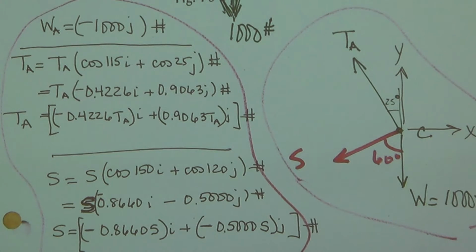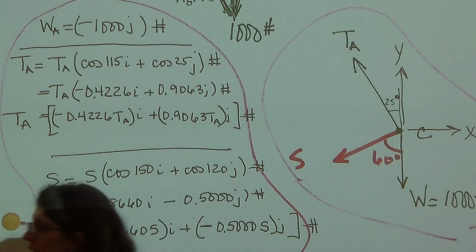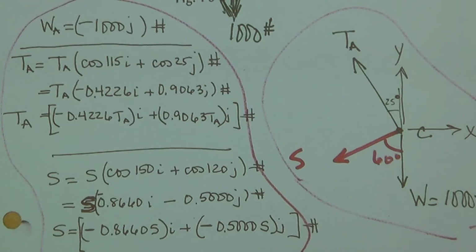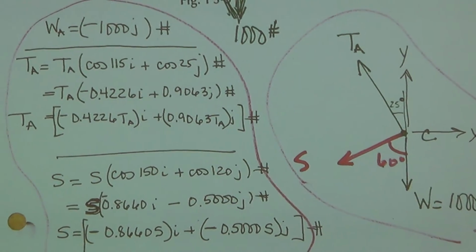So now let's do the equilibrium equations. Sum of the forces in the X equals negative 0.4226 TA, right?